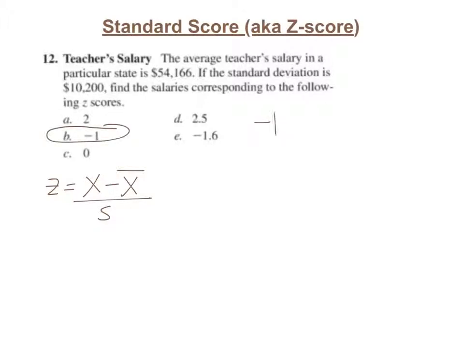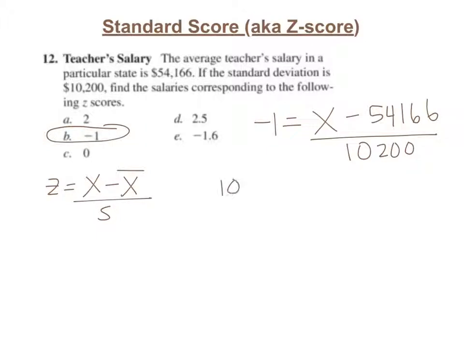So -1 equals value we don't know minus our mean given in the problem divided by the standard deviation. All right, so we'll just solve this. Multiply both sides by 10,200, equals x minus 54,166. Add this amount to both sides.